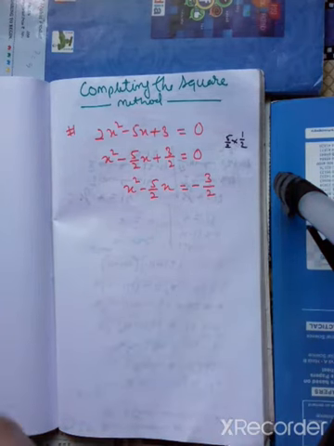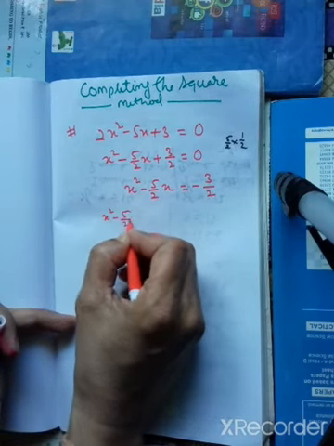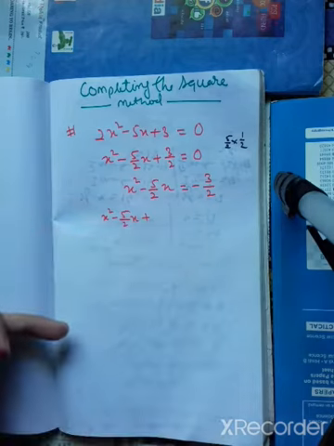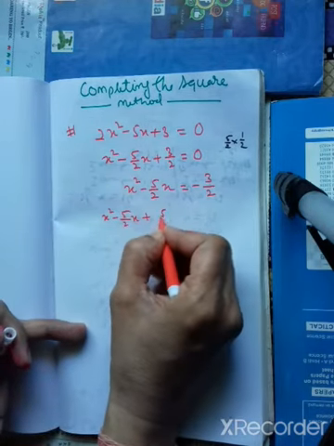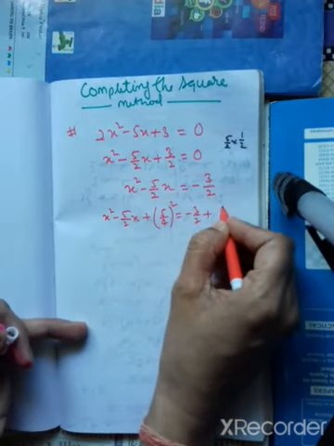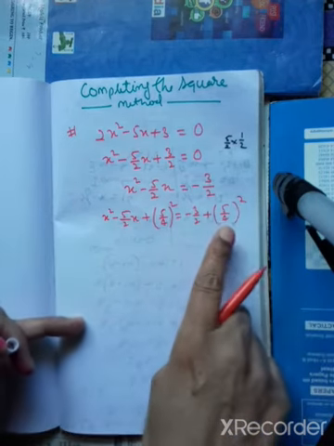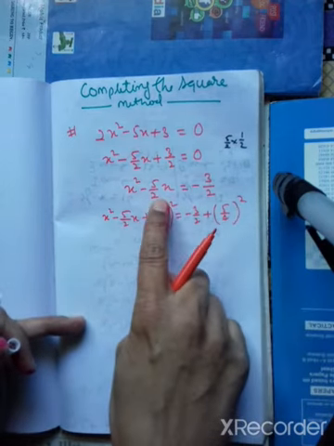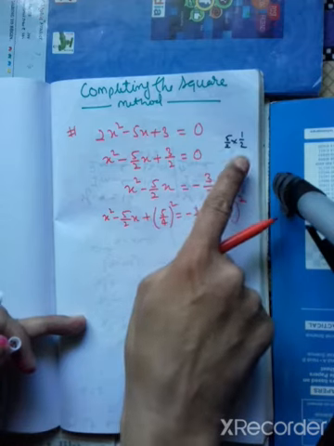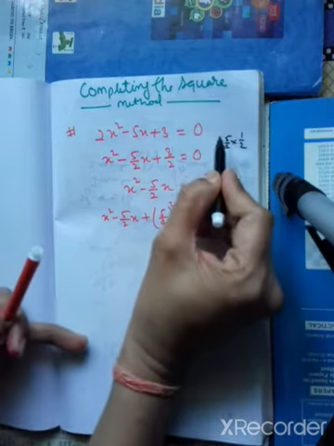So we will add, to x square minus 5 by 2 x, 5 by 4 whole square on both sides. How did we get 5 by 4? Coefficient of x, half of it, and the square.